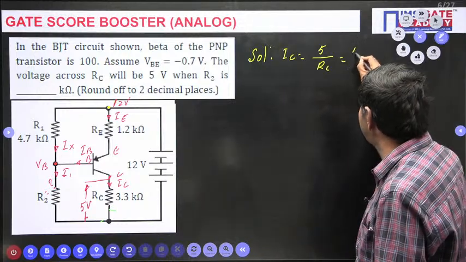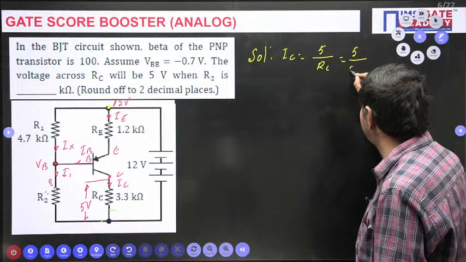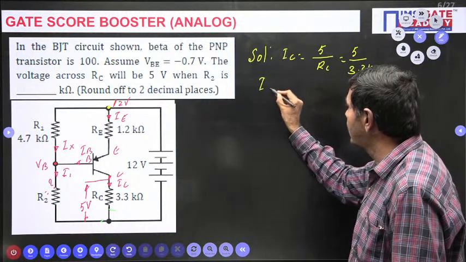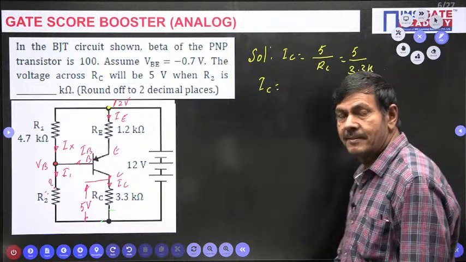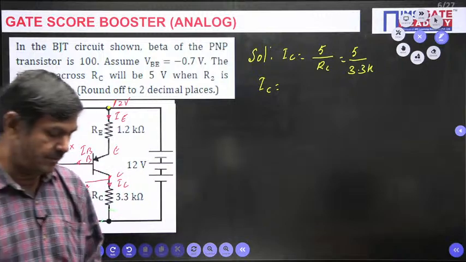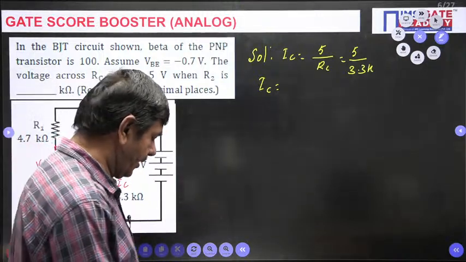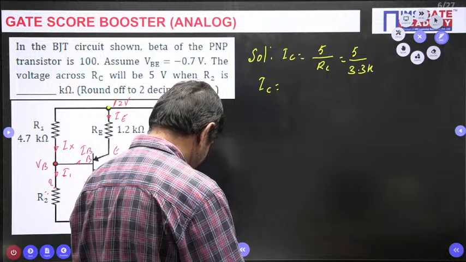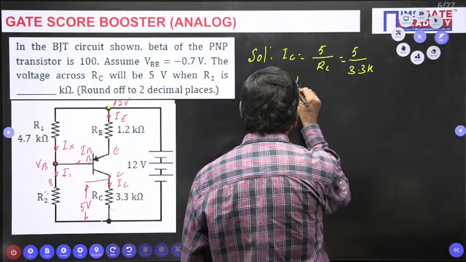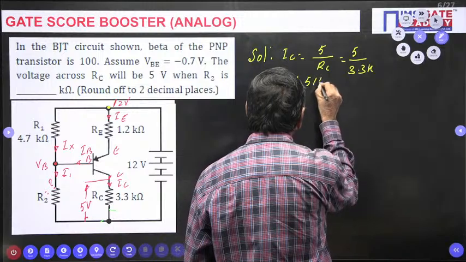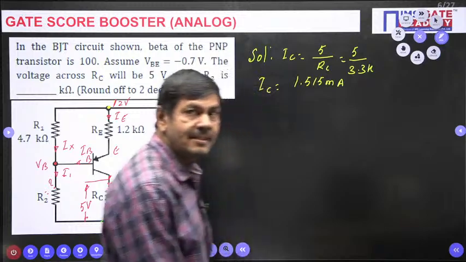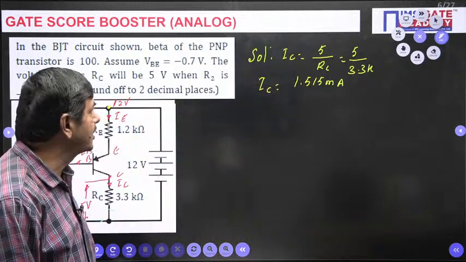Do you know the value of IC? The value of this IC comes as 1.515 milliamperes of current. That much collector current is passing through this one now.